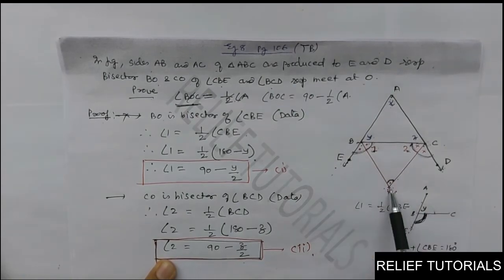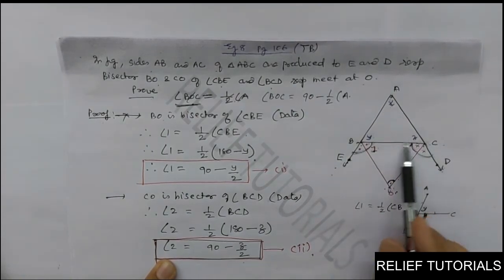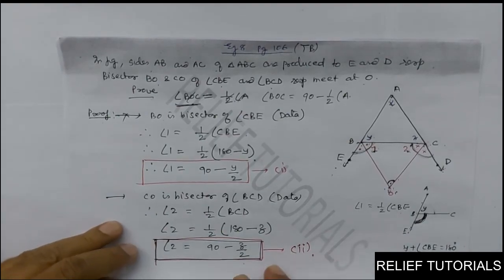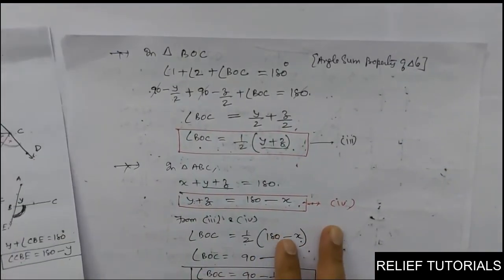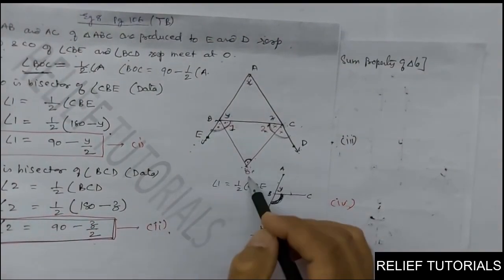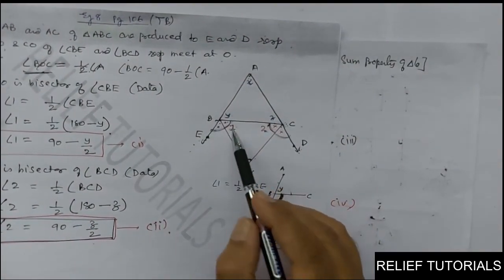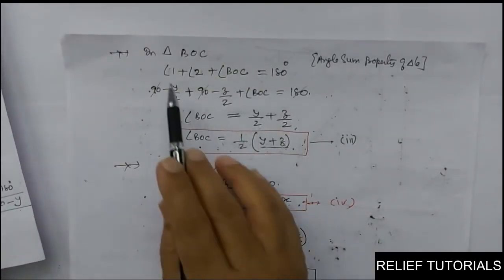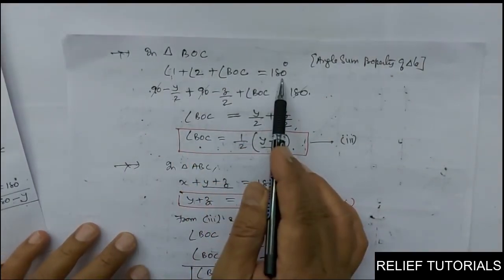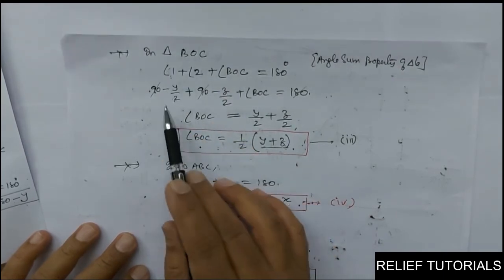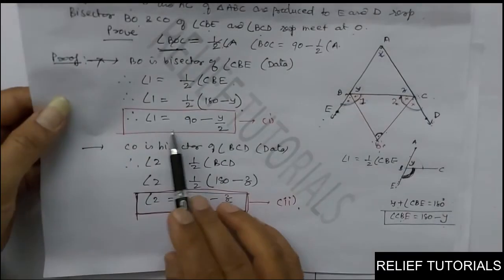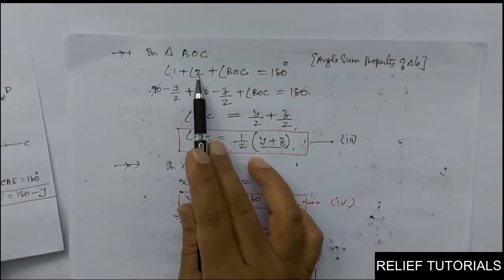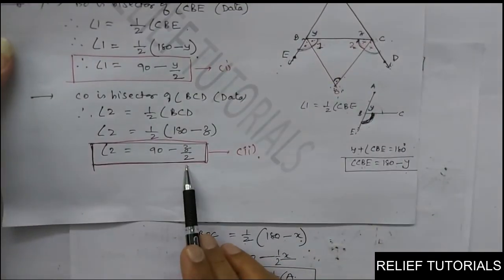We want BOC. So we will use the angle sum property in triangle BOC. Clear? In triangle BOC, if you use the angle sum property, you can say 1 plus BOC plus 2 is equal to 180. So 1 plus 2 plus BOC is equal to 180. We have already proved angle 1 is equal to 90 minus y by 2, and angle 2 is equal to 90 minus z by 2.